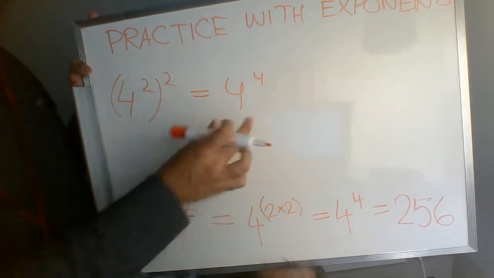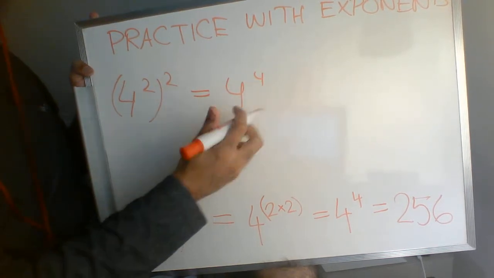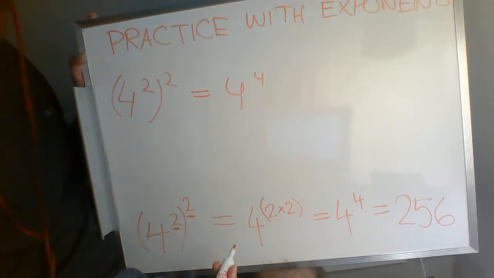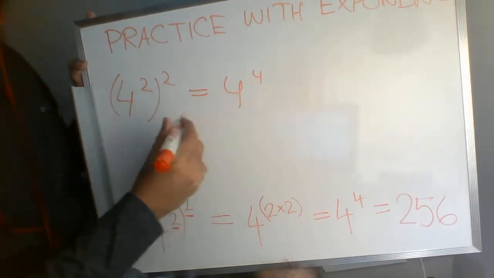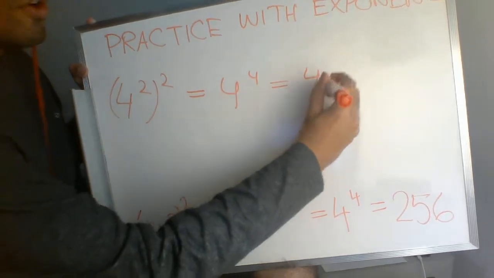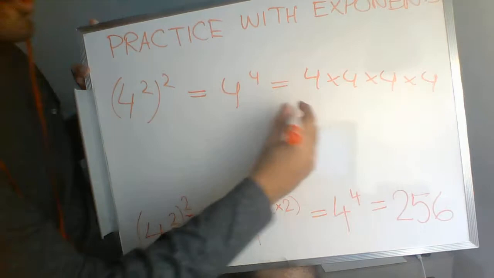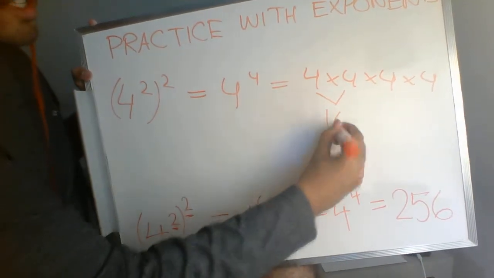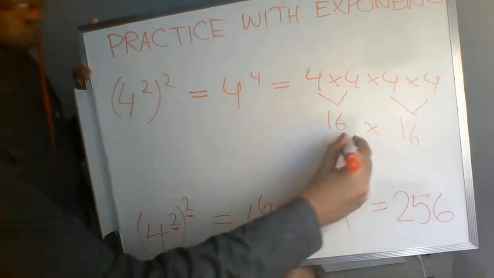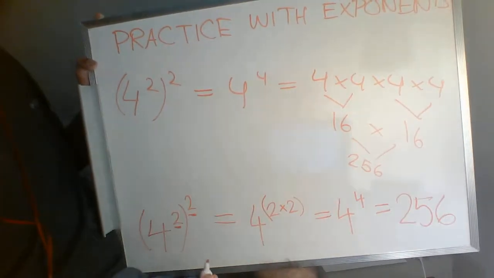Now, if you're looking at that power in this form, 4 to the exponent 4, you might not notice offhand that that's the same thing as 16 squared. If you write it out, you'll get 4 times 4 times 4 times 4, which, if you do this multiplication, you'll get a 16, and if you do that multiplication, you'll get a 16. Then you multiply those together, and you'll get 256 as your answer, which is 16 squared.